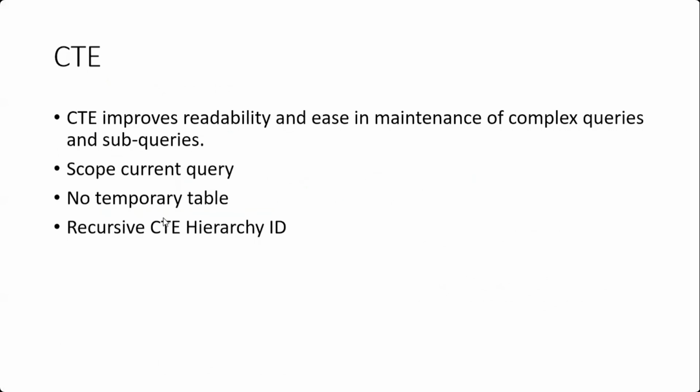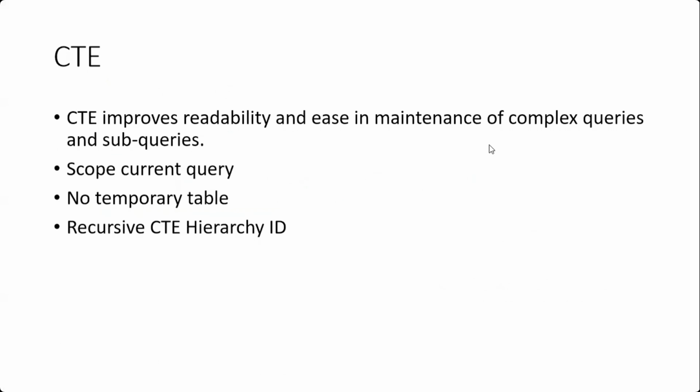Now, what is the purpose of common table expression? How do we do it? Giving some examples also we will see. Common table expression is basically used for improving the readability of the query.